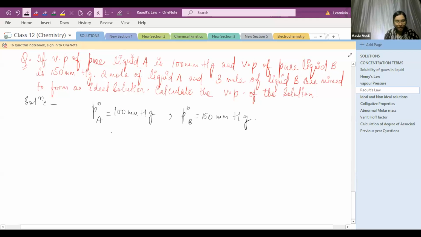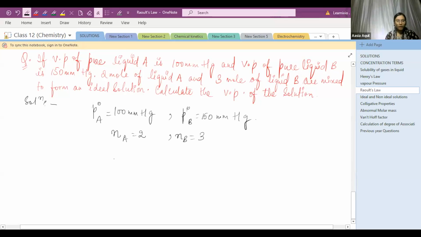Now the number of moles is also given: the number of moles of liquid A is 2 mole and of liquid B is 3 mole. They are mixed together to form an ideal solution, and we have to calculate the vapor pressure of the solution.